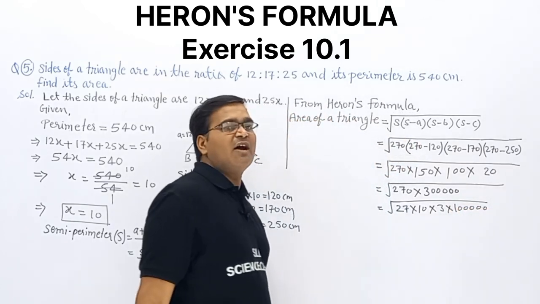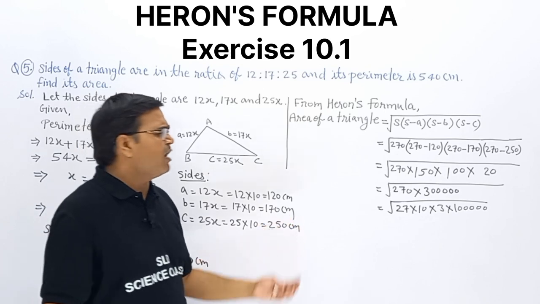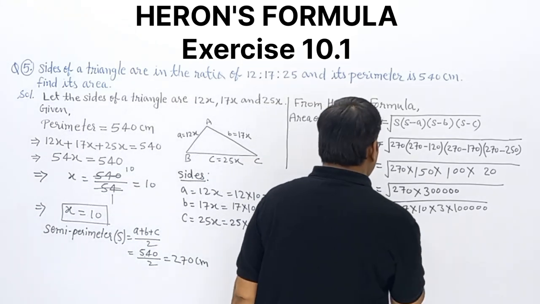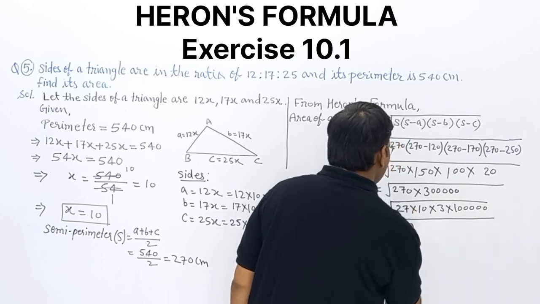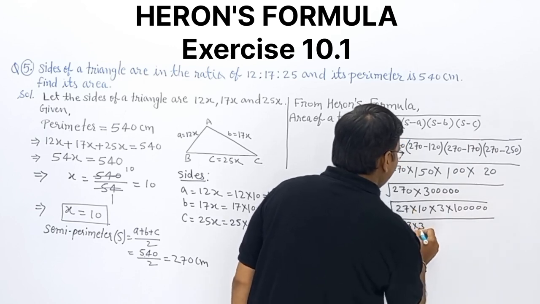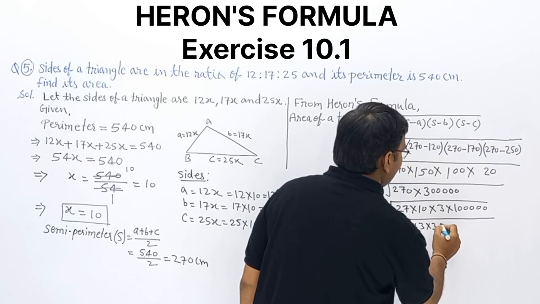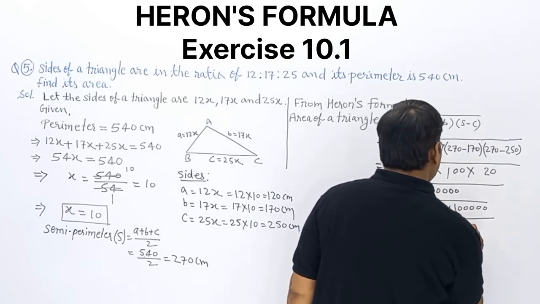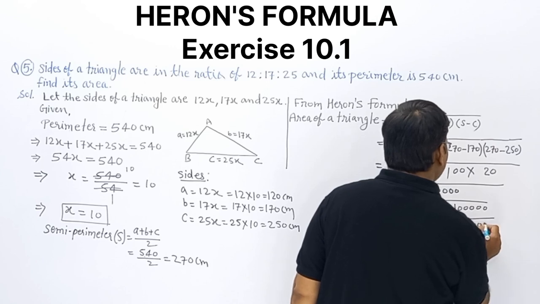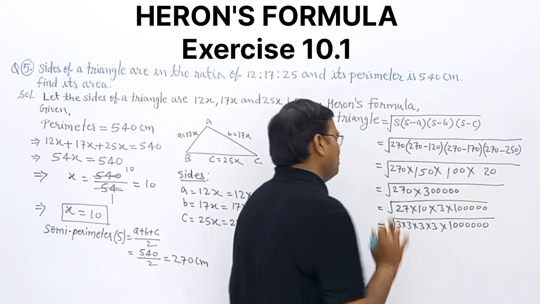Clear? Without the square root, how will we solve? I am just adjusting this old data. Now this can be written as 3 into 3 into 3, and we have 1, 2, 3, 4, 5, 6 zeros. 5 and 1 make 6 zeros.